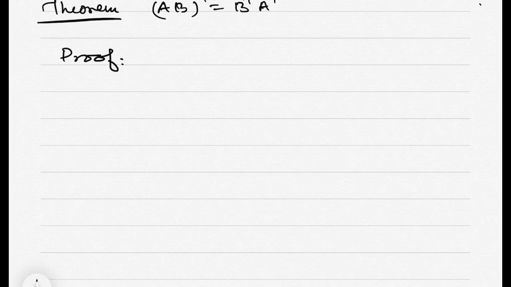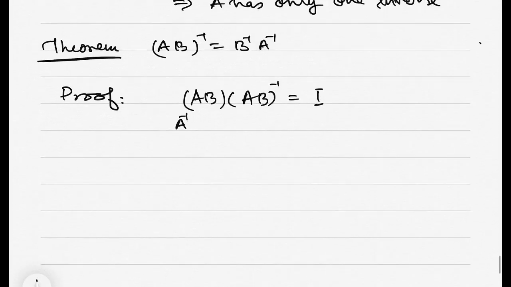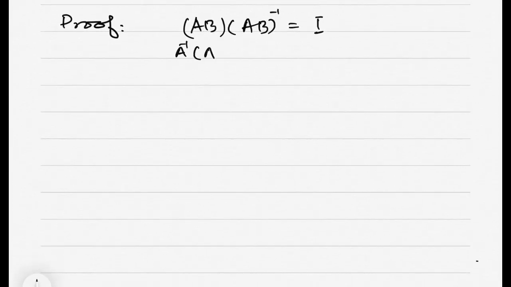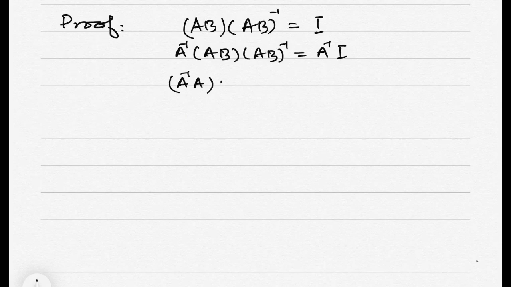From the definition of inverse, we have AB into (AB) inverse equal to I. Multiplying by A inverse from the left-hand side on both sides, we get A inverse AB (AB) inverse equals A inverse I. So by associativity of matrix multiplication, we can write (A inverse A) into B (AB) inverse equals A inverse.